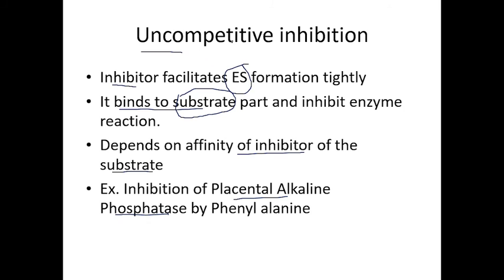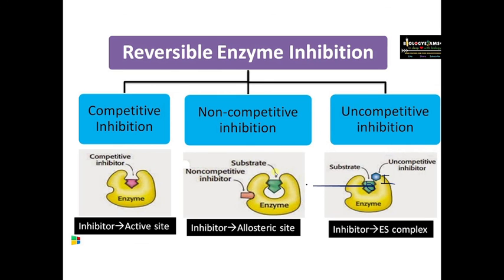So in uncompetitive inhibition, you should understand that the inhibitor is always binding to the substrate part, having affinity for the substrate, and it inhibits the ES complex formation. In non-competitive, the inhibitor chooses some site outside the active site, and it will block EP formation.